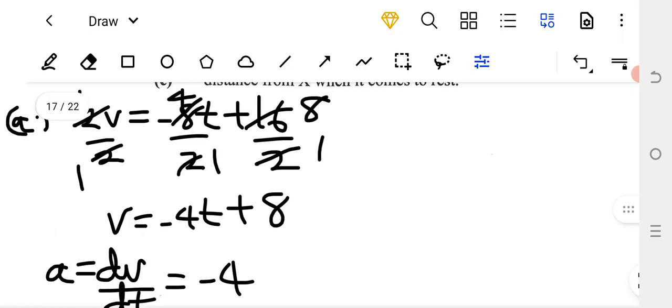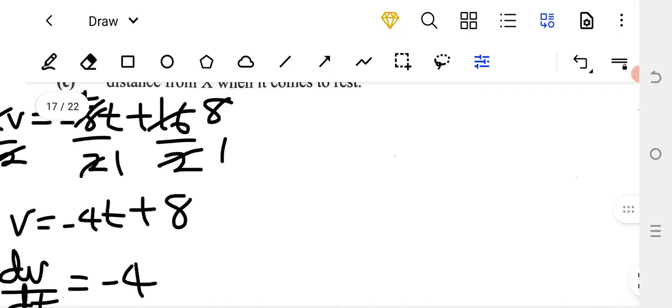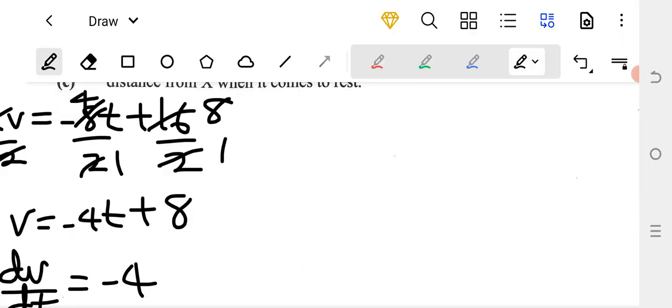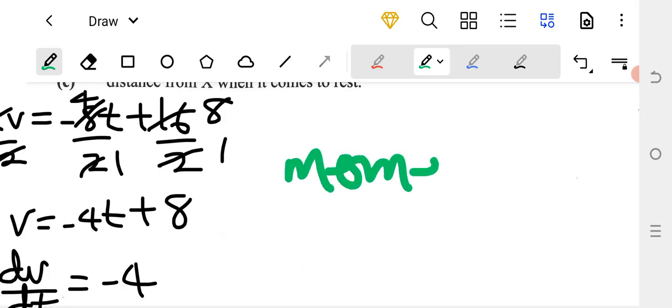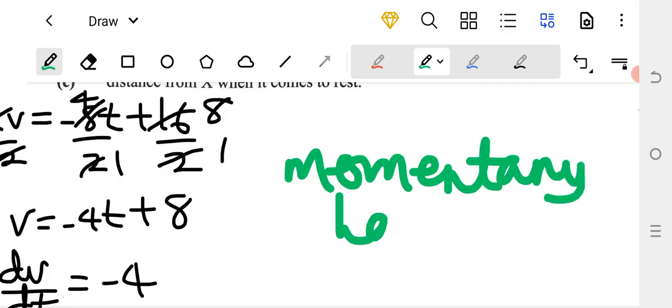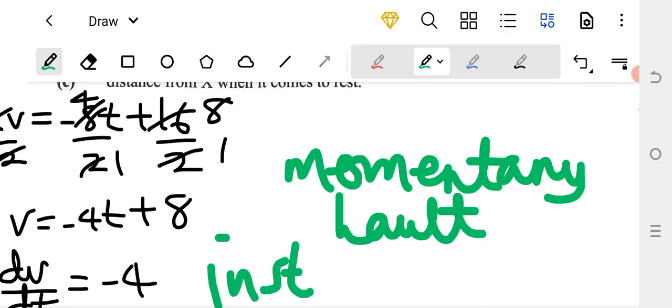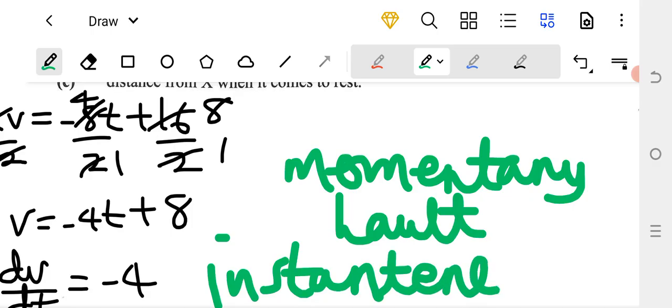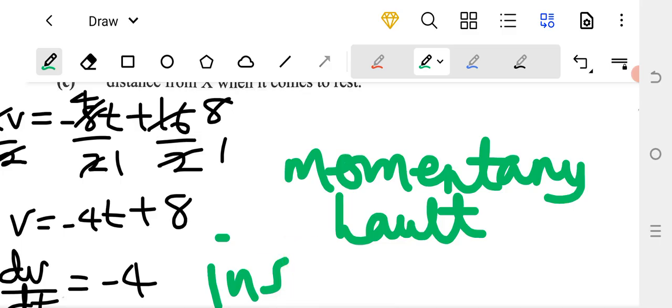Whenever you are asked distance, you need to find something called the distance when it's at a momentary halt or instantaneous rest. So momentary halt or instantaneous rest.